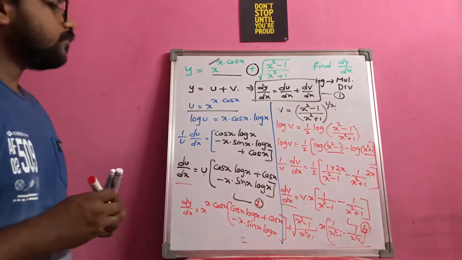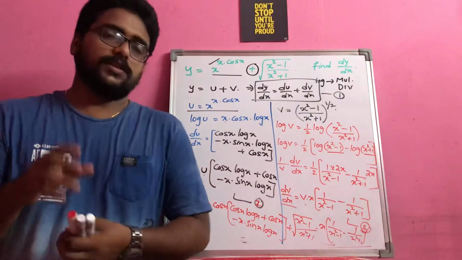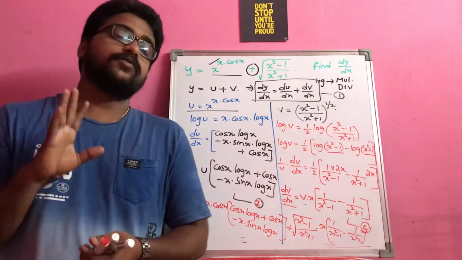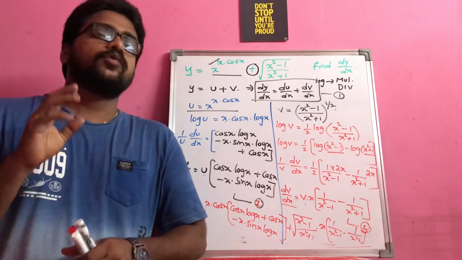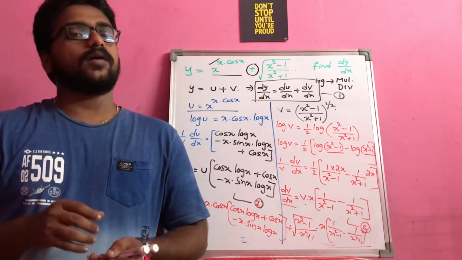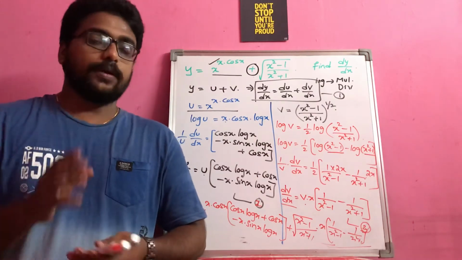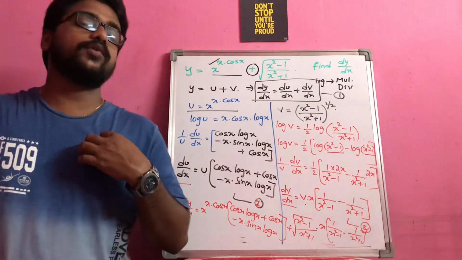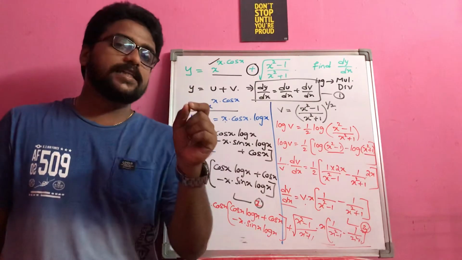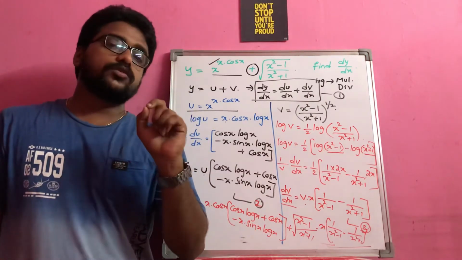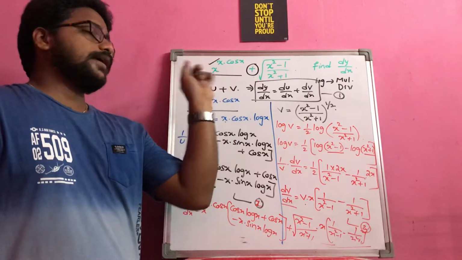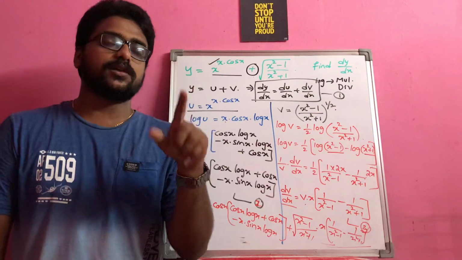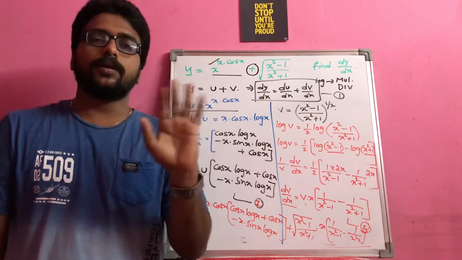So the takeaway from this question is, in the given question, even though you are having a function power function, we cannot say that we have to apply logarithm straight away. Why? Because logarithm has a restriction that we cannot apply it for addition and subtraction. So if you are having a function power function and if it is associated with addition or subtraction, we cannot apply logarithm.